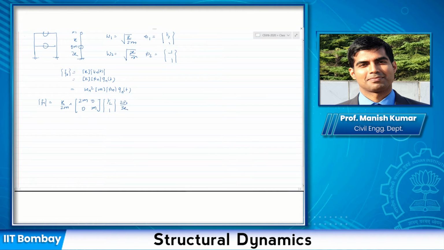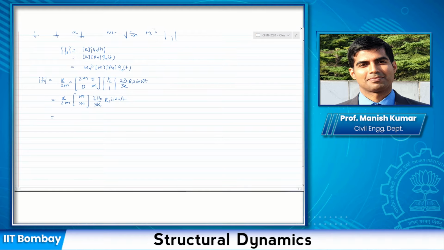We just need to simplify this expression to find the forces at different locations. I have K by 2m here, and m and m here, and 2P0 by 3K times R1 sine omega t.